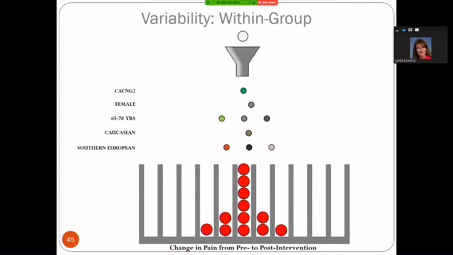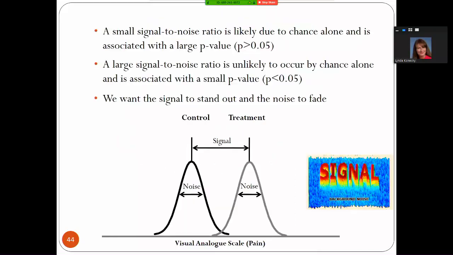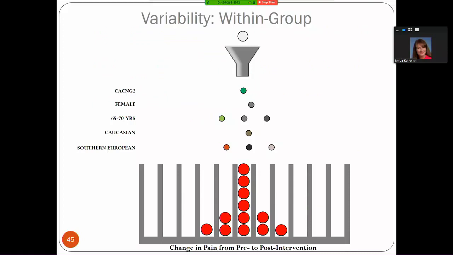Now one way, I'll end with this slide because we're running out of time. So I was going to ask, how do we do that? Well, one way we could do that is to make the inclusion criteria very, very severe so that we have no variability across or within groups.